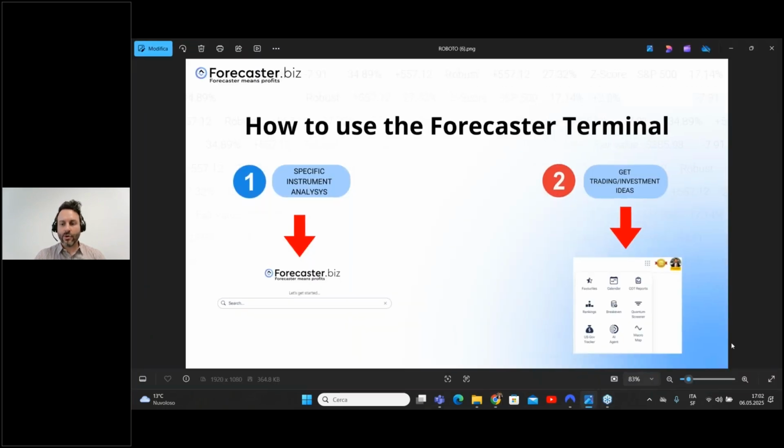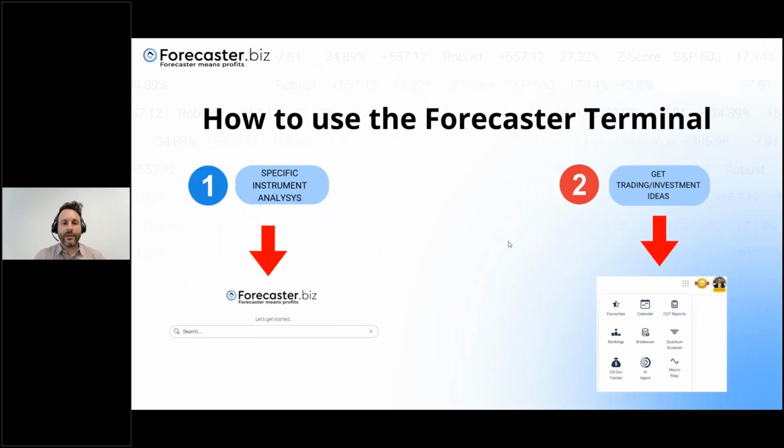Okay, so as I told you in the previous lesson, you have two ways of using the Forecaster Terminal. The first one is going directly to the search bar where you can find every instrument that you like. So if you would like to analyze a specific instrument, a specific stock, a specific index, a specific commodity, you can go directly to the search bar.